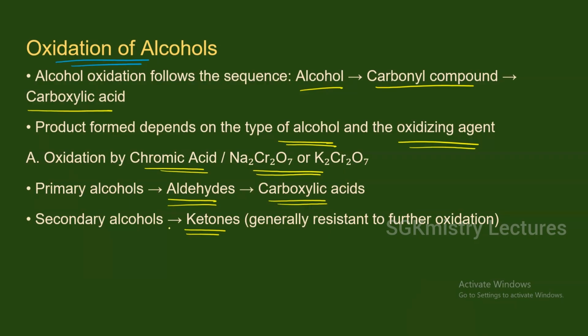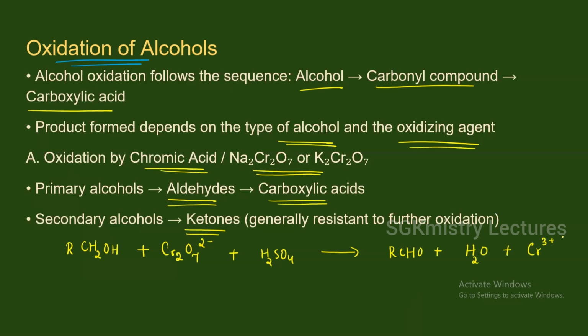So now let us look into some reactions with respect to this. If I take a primary alcohol, so potassium dichromate, I'm directly taking the dichromate ion in the presence of acid. So acidified potassium dichromate, right? Sulfuric acid I'm taking. So first you get RCHO, that is aldehyde, from the primary alcohol, along with water.